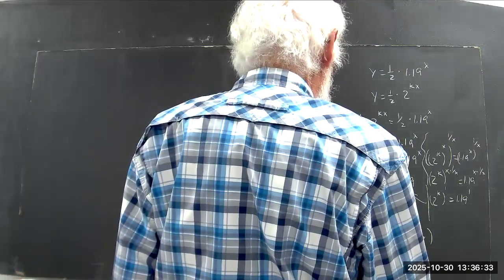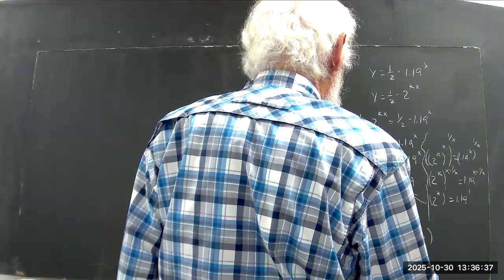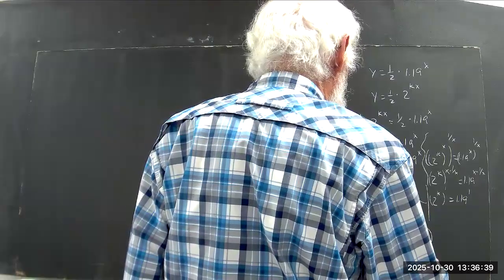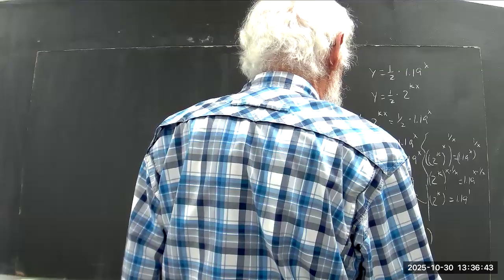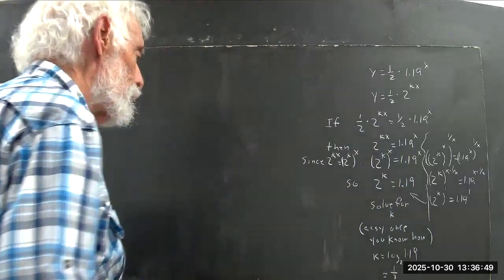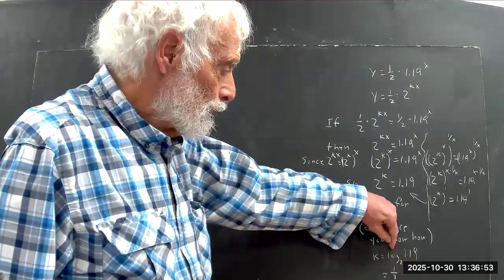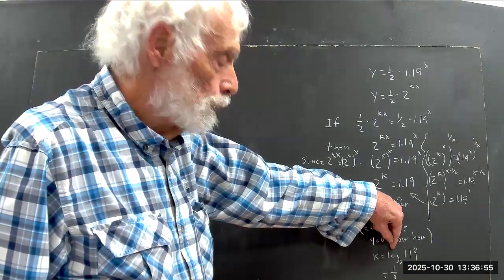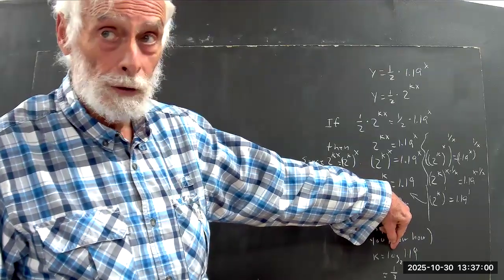I'll just tell you the solution is that k is log base 2 of 1.19, which is approximately 1/3. But the log 2 function is the inverse of the 2 to the x function.